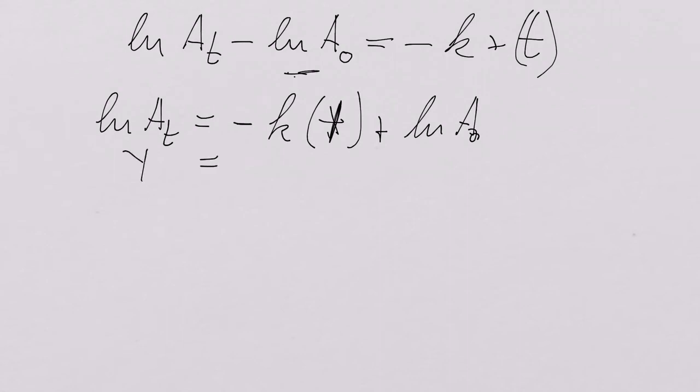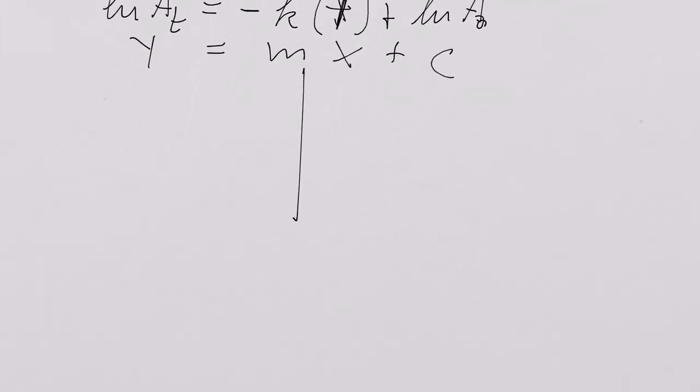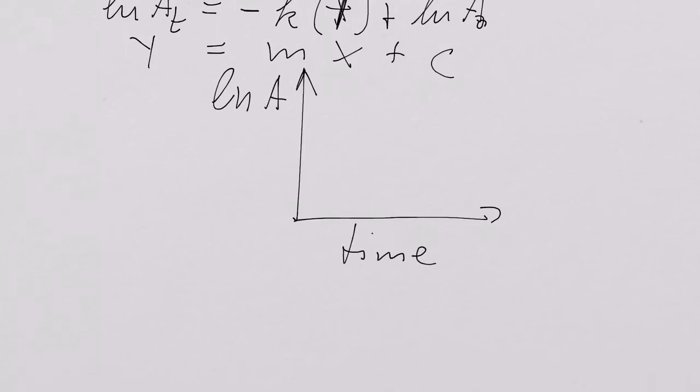y equals mx plus c. So if we now plot, instead of concentration of A, if we plot ln of A versus time, we get a straight line.